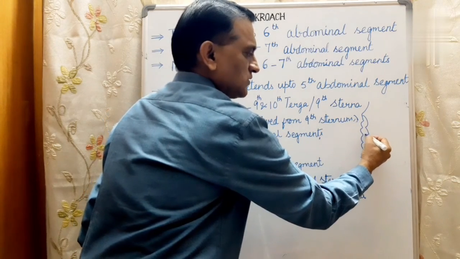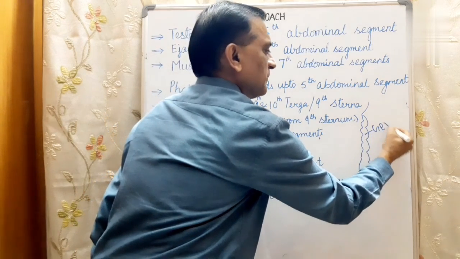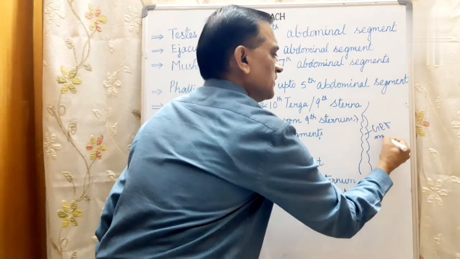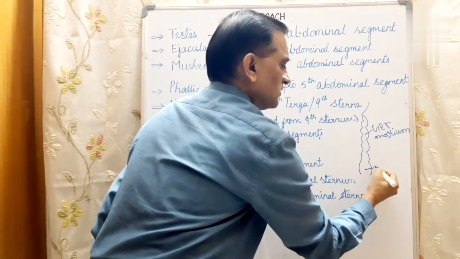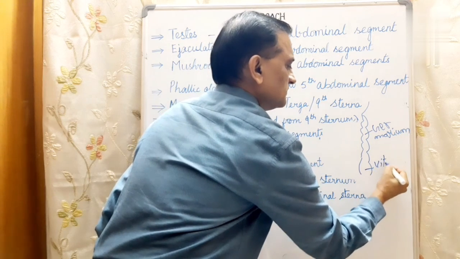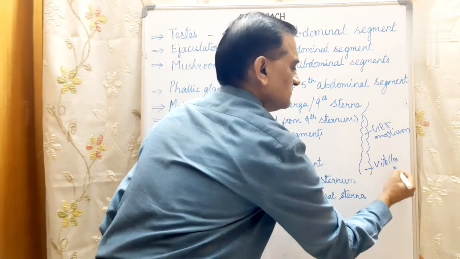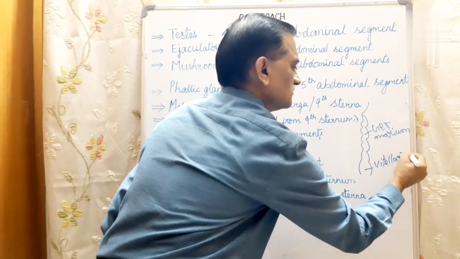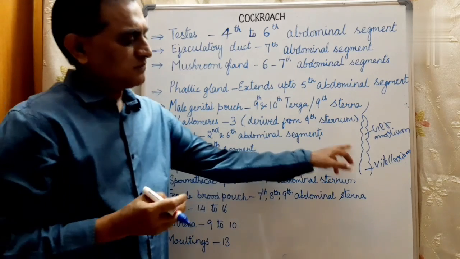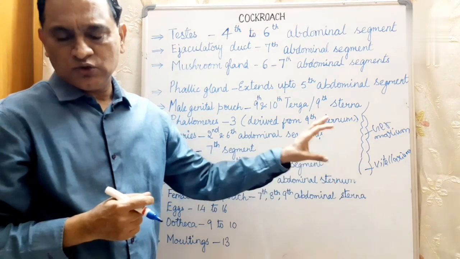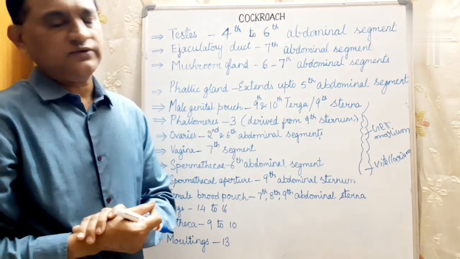The narrow end is called the germarium, and the broad end is called the vitellarium. The germarium and vitellarium possess ova at various stages of development.